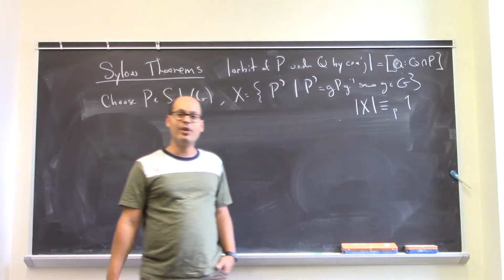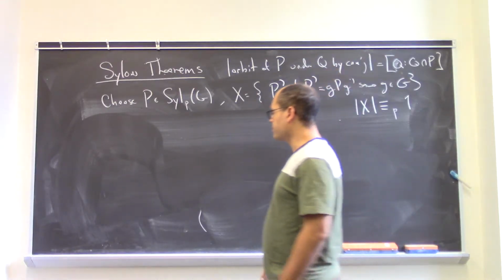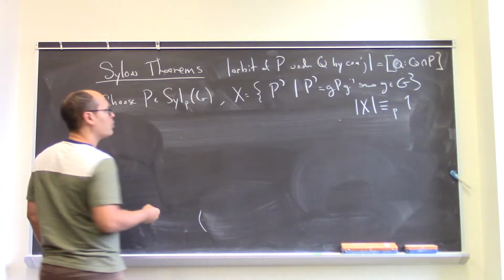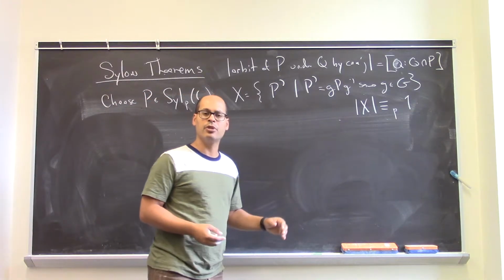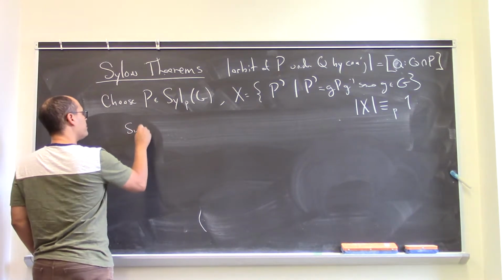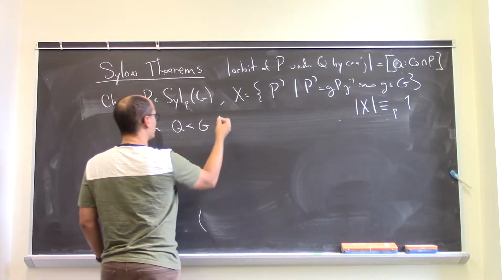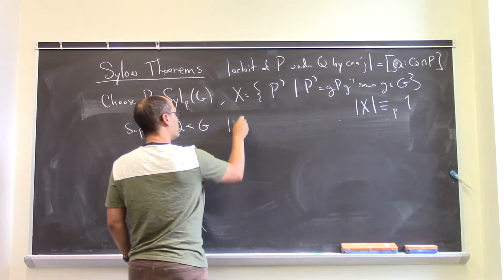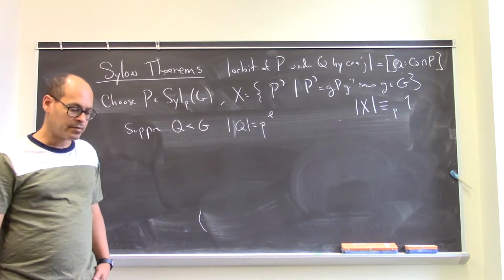All right, so now we're in a good position to prove the second part of the Sylow theorem. We know that the number of conjugates of any given Sylow subgroup is 1 more than a multiple of p. So now suppose that Q is a p-subgroup of G. The order of Q is p to the l for some l.